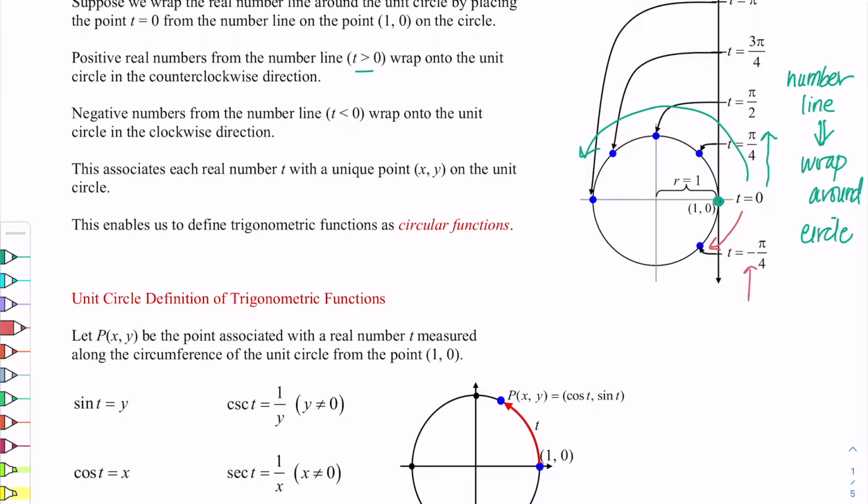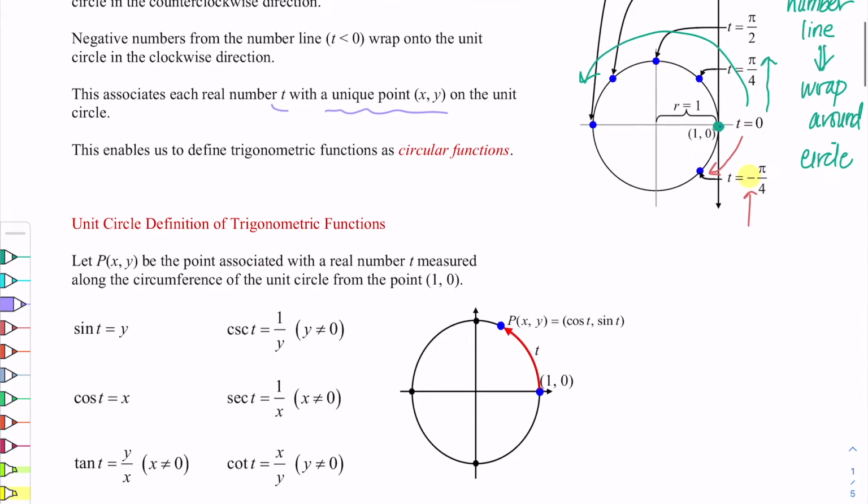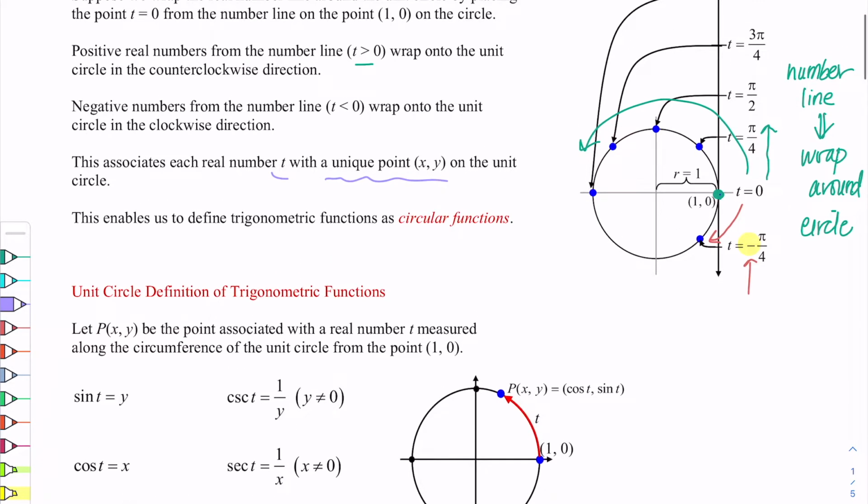So there's a negative there. This associates each real number t with a unique point x, y on the unit circle. And this enables us to define our trig functions as circular functions.